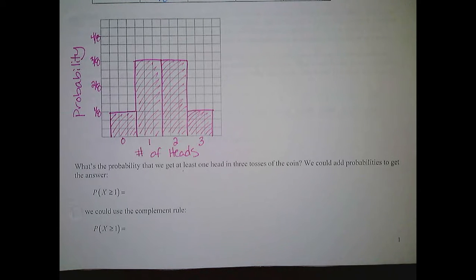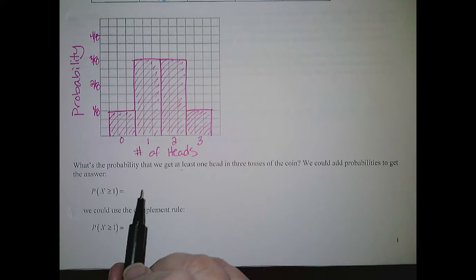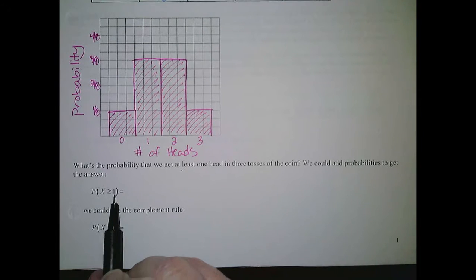One way that we could do it is we could take each of the outcomes that satisfies the condition and add their probability. So if we want the probability of getting at least 1 head, we're saying that we're looking for the probability that the event X, being the number of heads obtained, is greater than or equal to 1.